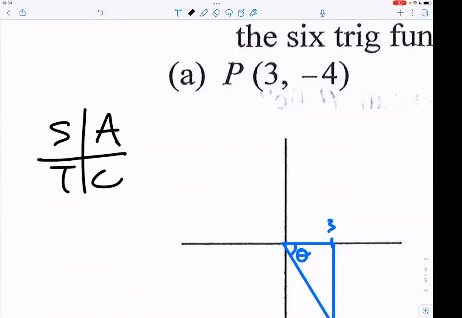Yeah, which function is positive. So all, and this is for sine. And if sine is positive, what else is also positive? Cosecant is also positive. Tangent and cotangent, cosine and secant, right?